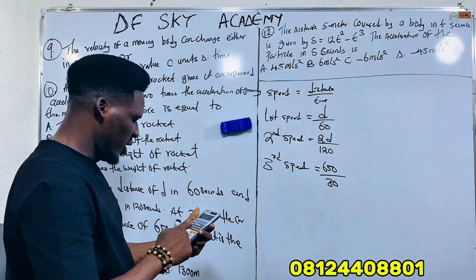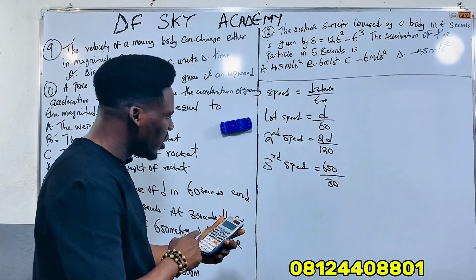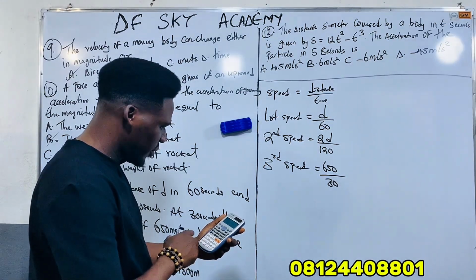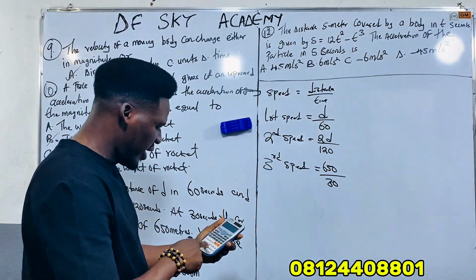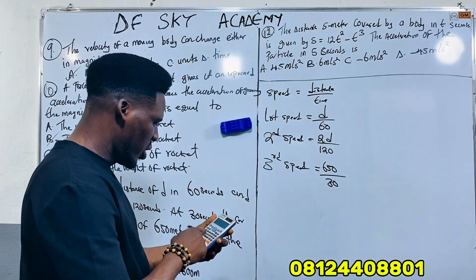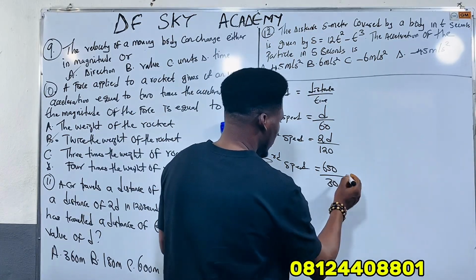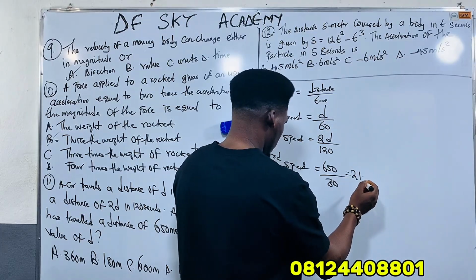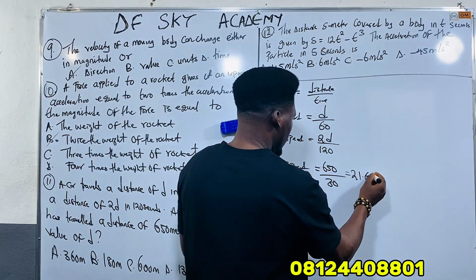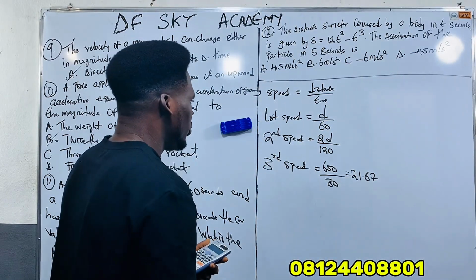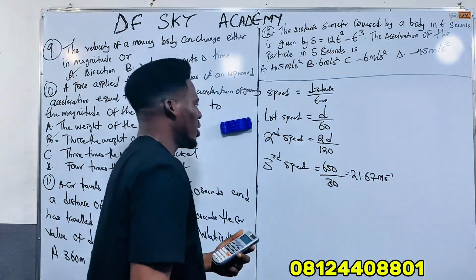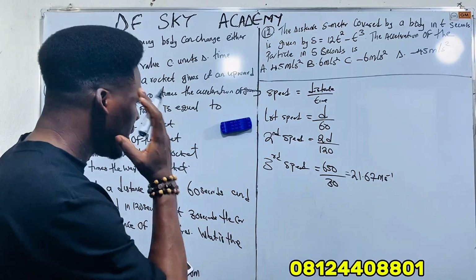Let's calculate it. We have 650 divided by 30. So what do you have? I have 21.67 meter per second.